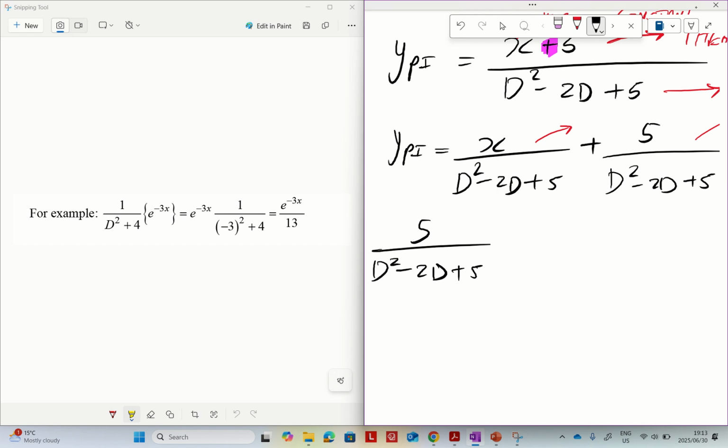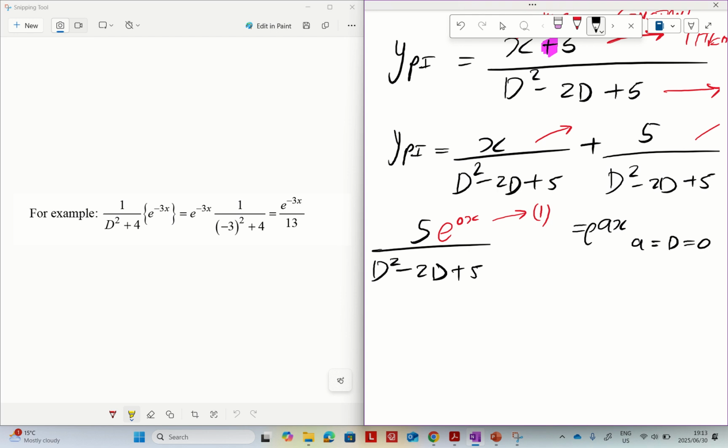So I already told you that since the numerator is a constant, you just need to introduce e to the power 0x. 0x represents 1, so it doesn't affect your constant. And then we know that the theorem for e to the power ax says a is equal to d, which is equal to 0.